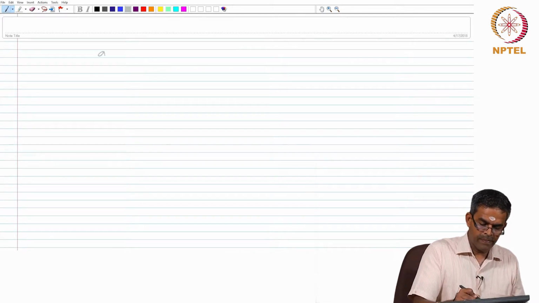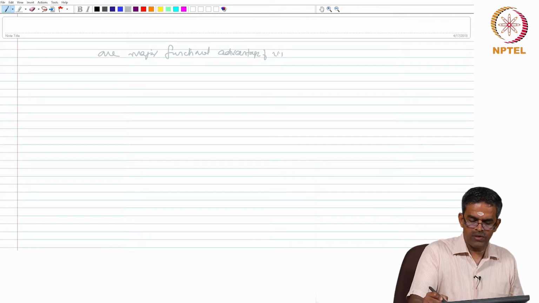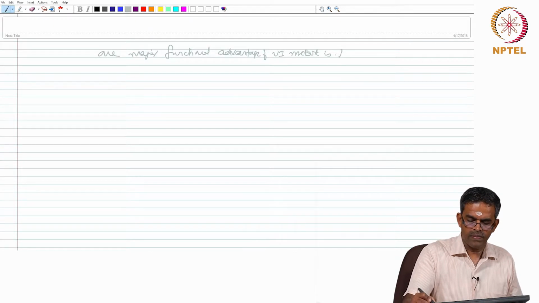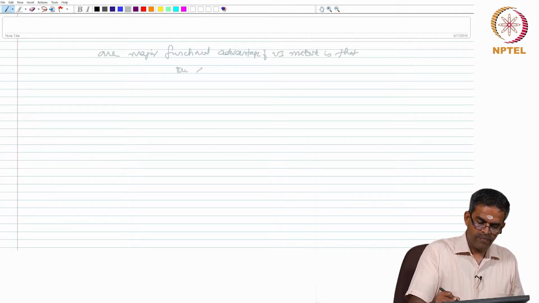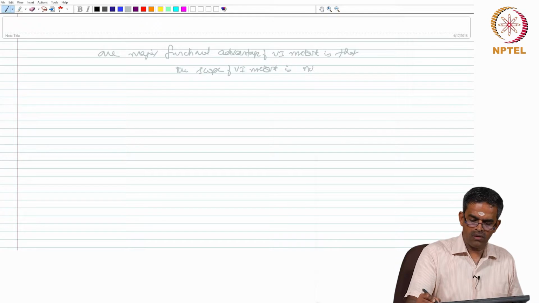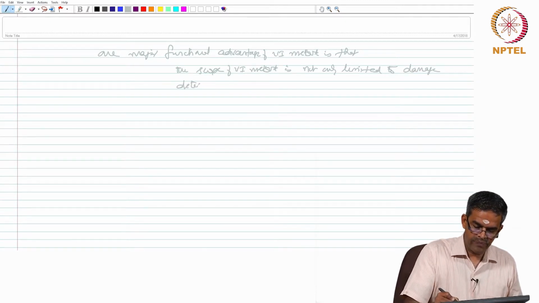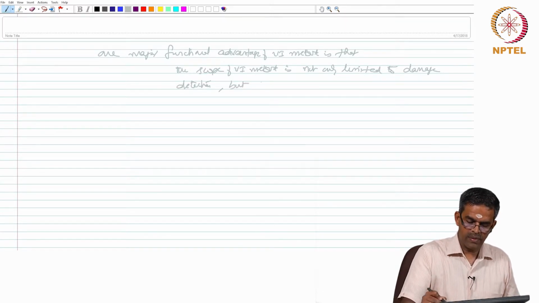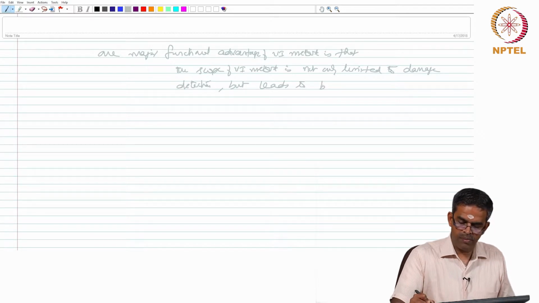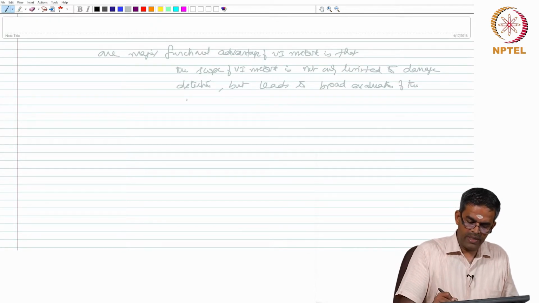But interestingly, one major functional advantage of the visual inspection method is that the scope of visual inspection is not only limited to damage detection, but it also leads to broad evaluation of the complete structure.